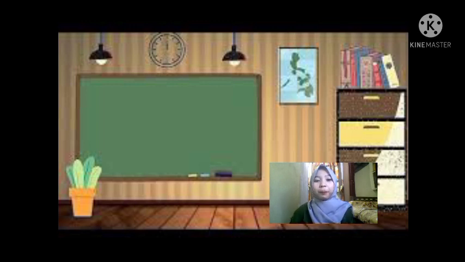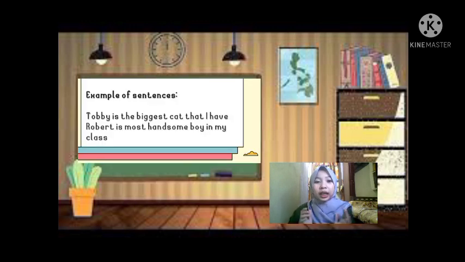For example, Toby is the biggest cat that I have. It gives the information that Toby is the biggest, fattest cat that I have. So it means that I have several cats, but Toby is the biggest cat.